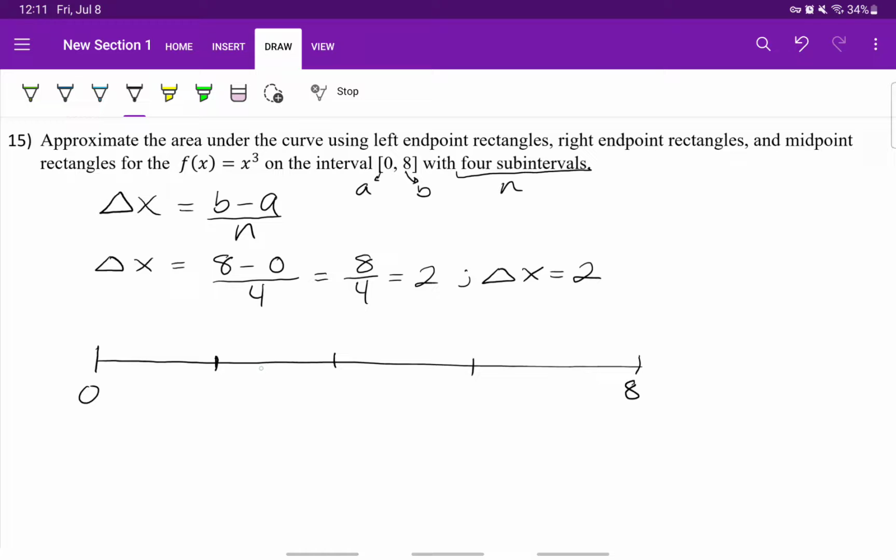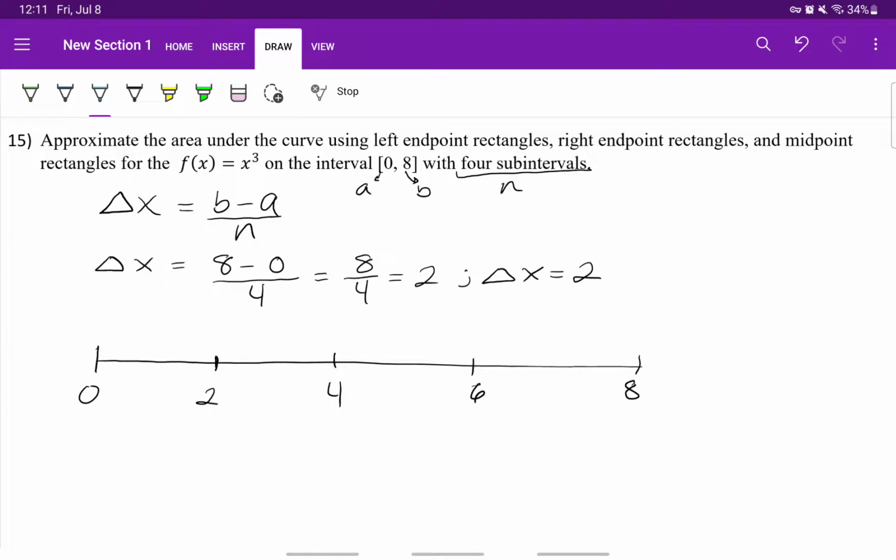Unit 1, unit 2, unit 3, unit 4. Delta x is 2, the change in x is positive 2, so I'm going to increase by 2's, starting at 0. This is 0, this is 2, this is 4, this is 6, and that's obviously 8.